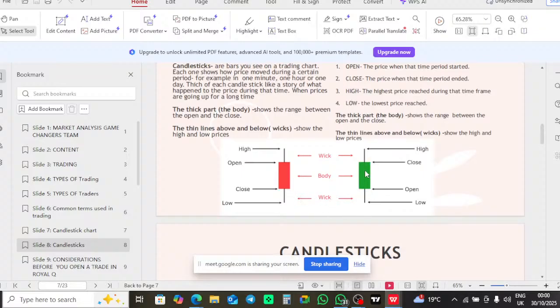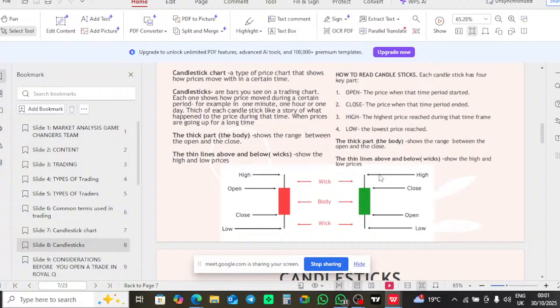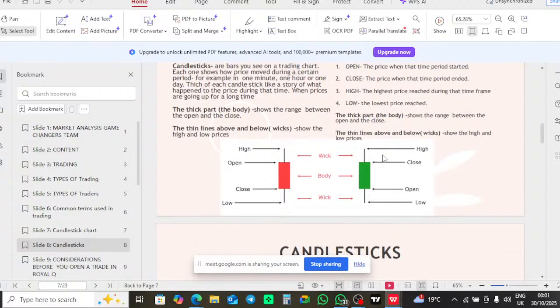Then it is having a body, then its close this time is up. The close of a green candle is up, and its highest point is also up. Are we together? It is also up. Now, that's how you can identify the candlestick.